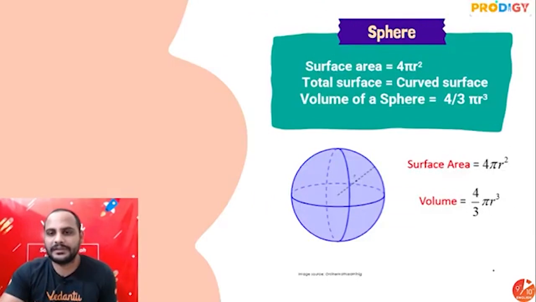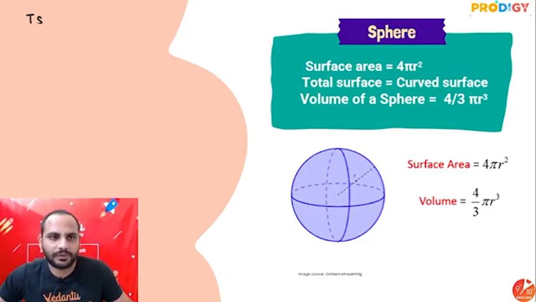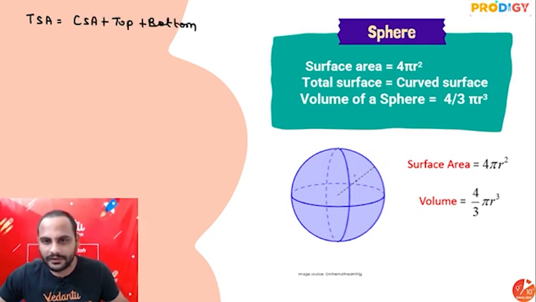Is it clear? Now let's talk about the formulas. So first thing first, if I talk about the sphere, you know total surface area is equal to curved surface area plus the area of top plus the area of bottom. You can clearly see in a sphere the top is a point, and that is why I'll say area of top will be equal to 0.